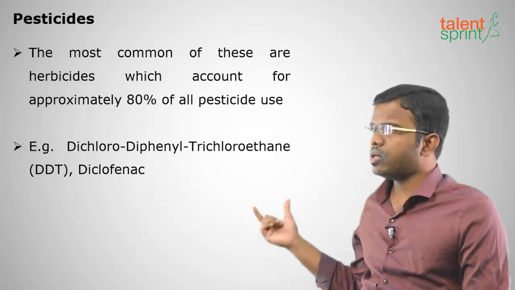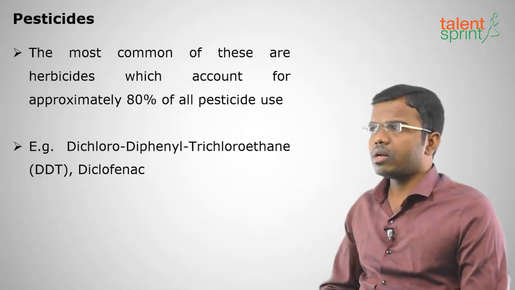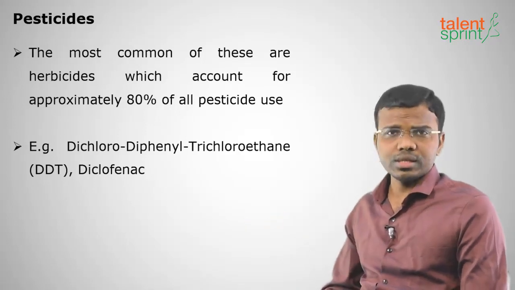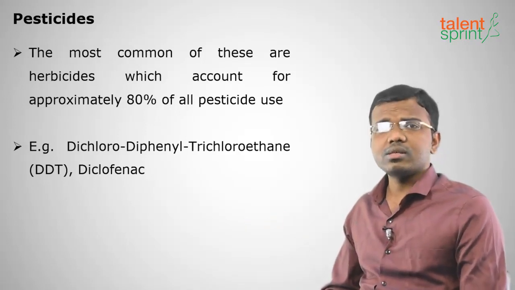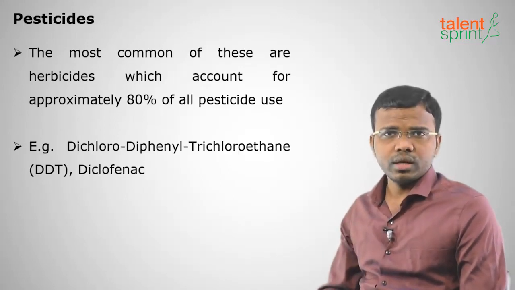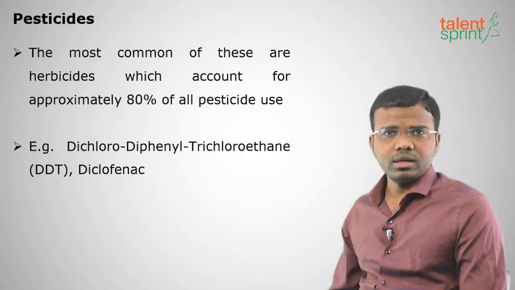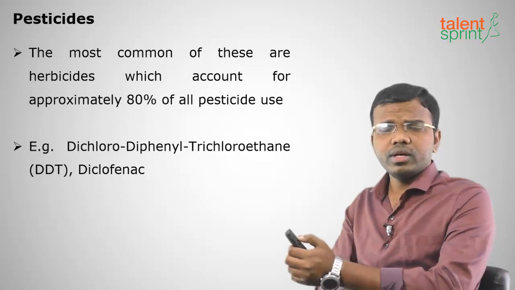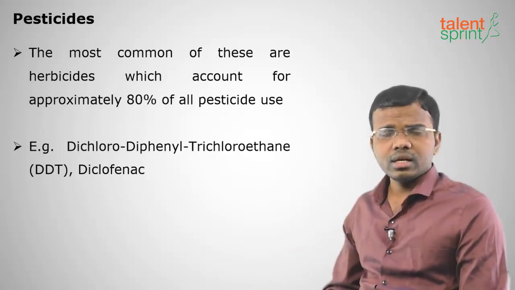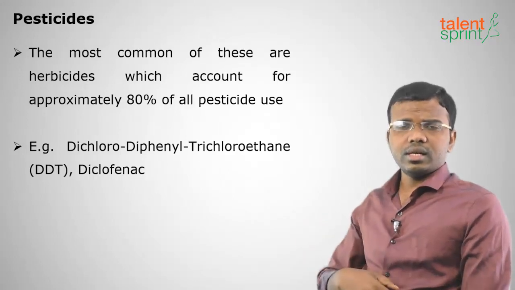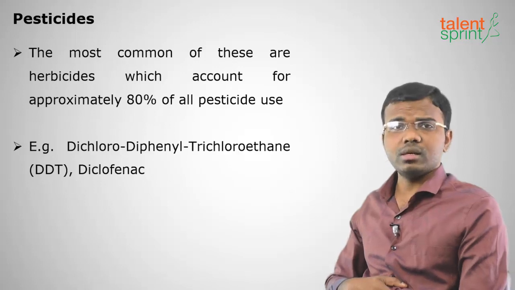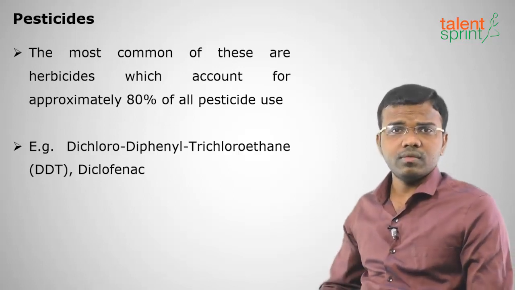The most commonly used is dichloro-diphenyl-trichloroethane, that is called DDT. It is used to control the mosquitoes in the farm, but it will cause damage to the animals which are feeding in that farm. And next is diclofenac. When diclofenac is used in agriculture, if vultures eat it, their livers and kidneys get damaged. Diclofenac is a dangerous material for the vultures.